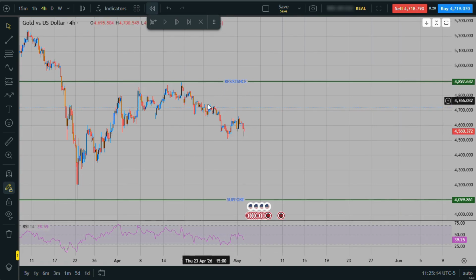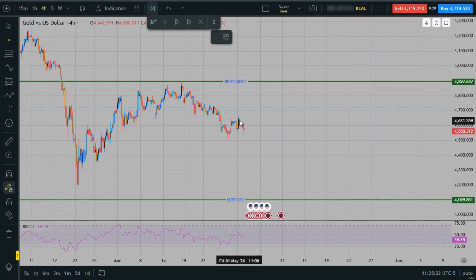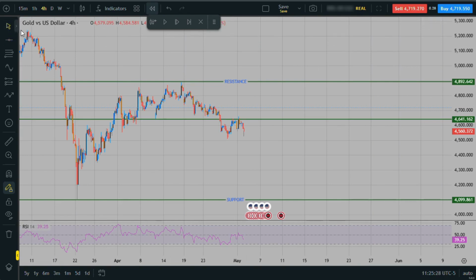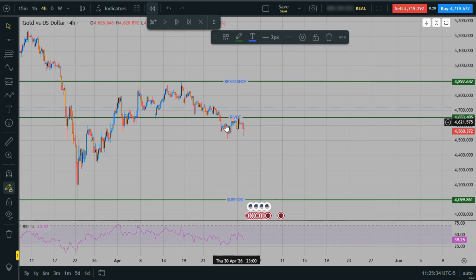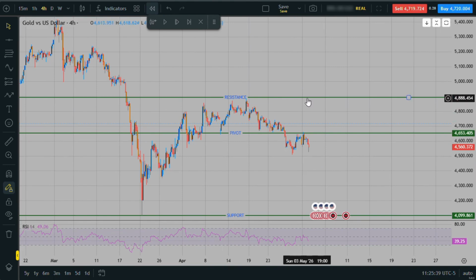And one thing I also do is to draw my pivot. That's one very good thing I do, to draw my pivot line here, which is one significant thing I do whenever I get to the market. So I've had my 3 lines: resistance, pivot, and support.